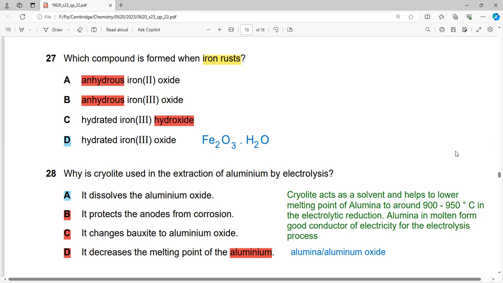If the water molecule is added to the iron oxide, that is hydrated iron oxide. D is our correct option here. Anhydrous means without water. Hydrated iron hydroxide is a wrong option here. That is iron oxide. So D is our correct option here.